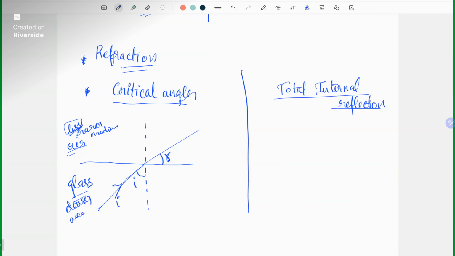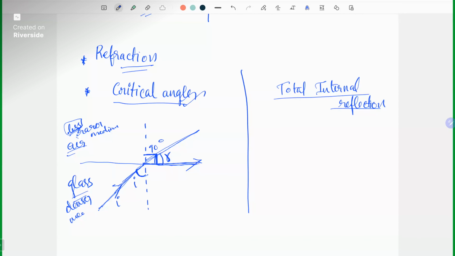Critical angle is this: whenever the angle of incidence is fixed such that the refracted ray lies along this line, which makes 90 degrees with the normal. So whenever the angle of incidence makes the refracted angle 90 degrees, that is the critical angle.